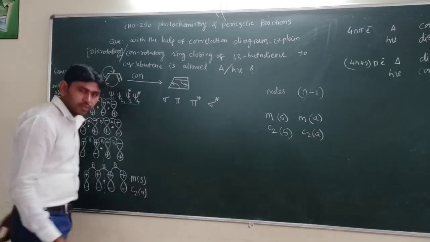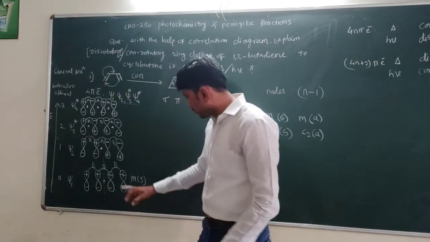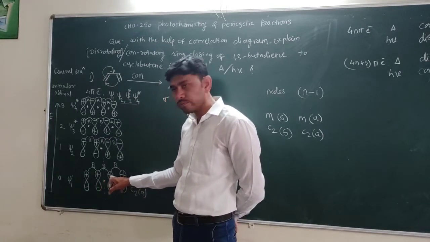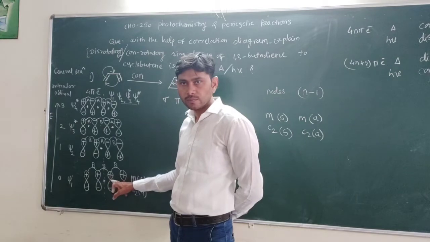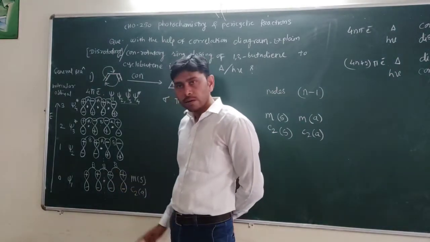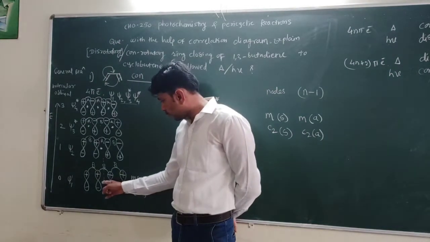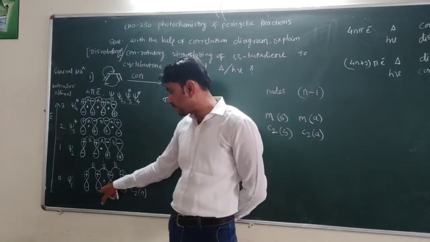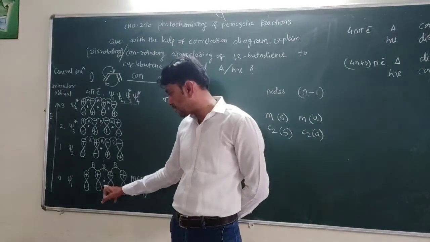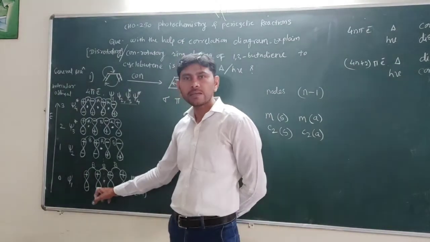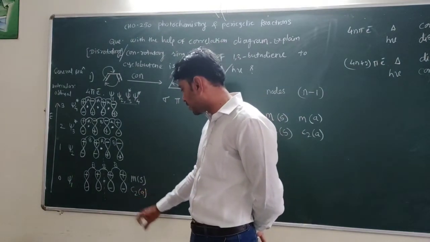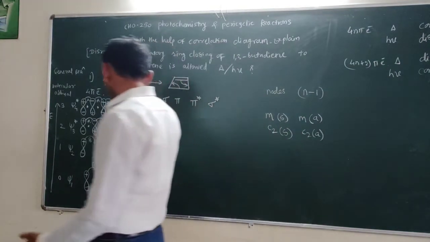Remember again: when we consider the central point and go some distance, we observe a plus sign here. When we go the same distance in the opposite direction, if we observe the same sign, then it is C2 symmetry. But in this case we observe a minus sign, so this has C2 asymmetry.